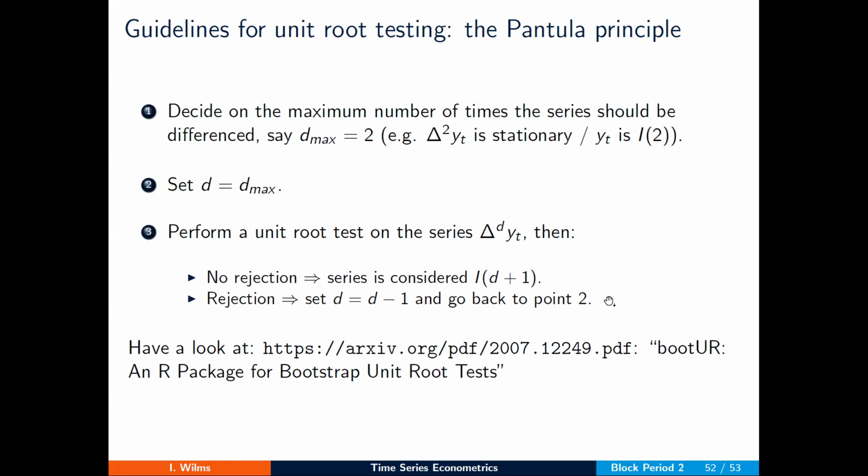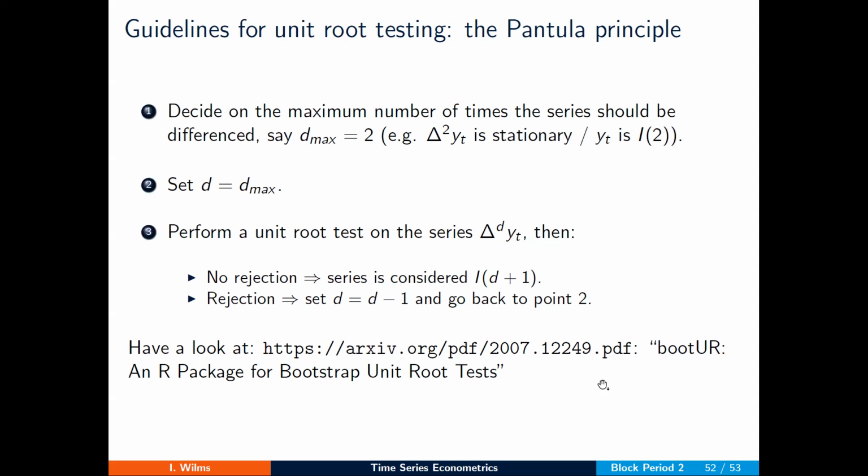If, on the other hand, you reject the null again that the series in differences has a unit root, then you set D equal to 0, and so you do a test for a unit root in the series in levels, namely on Y_t itself.